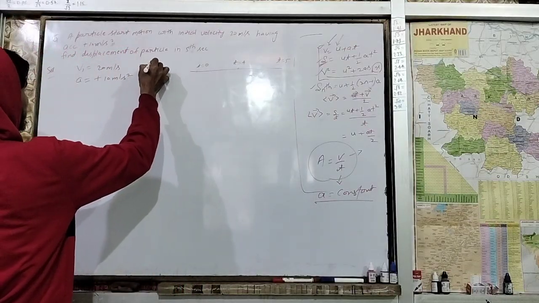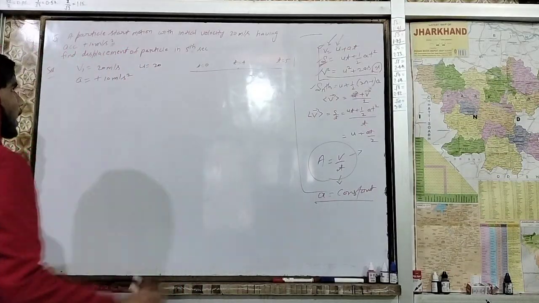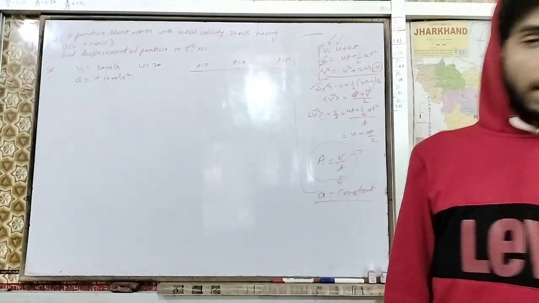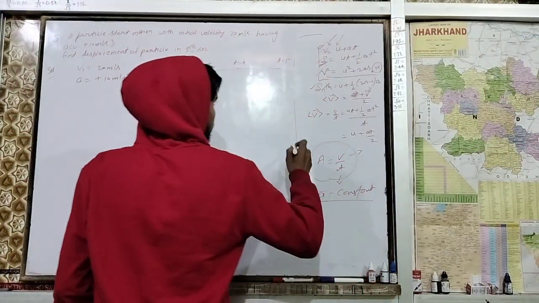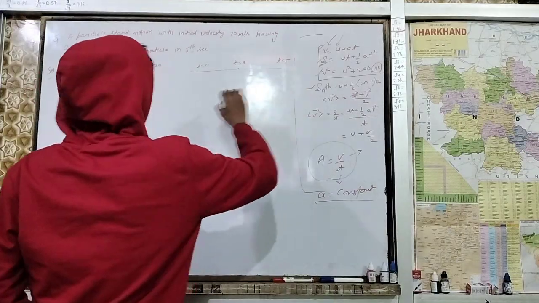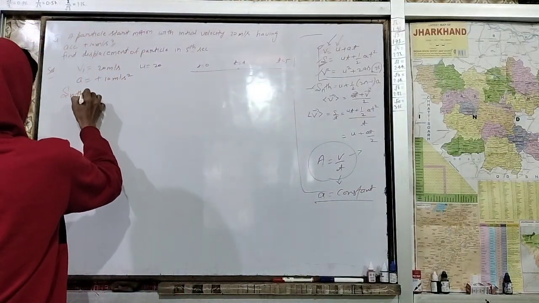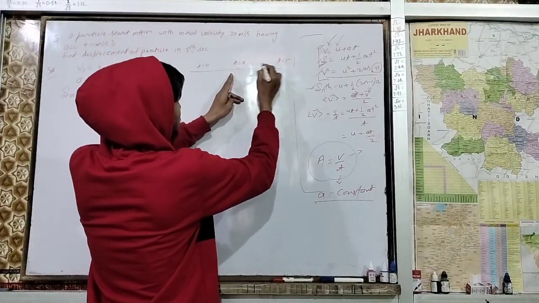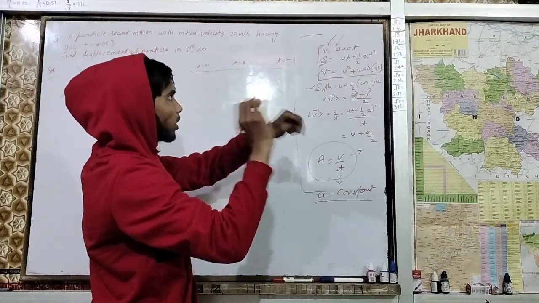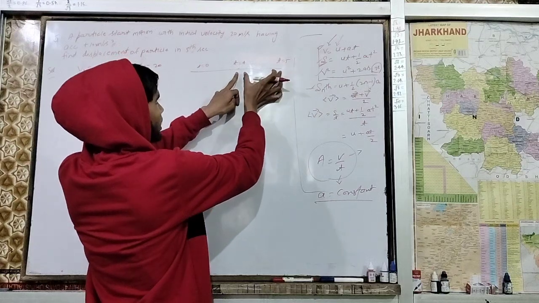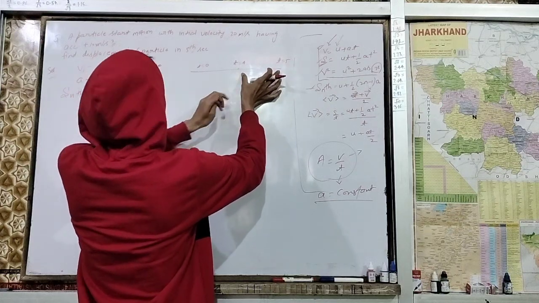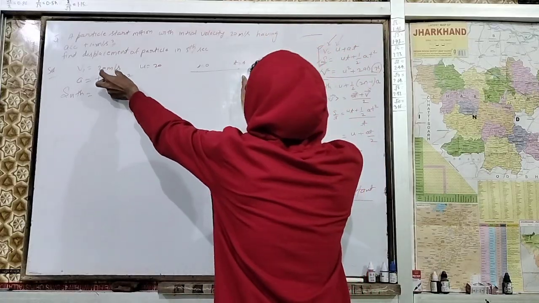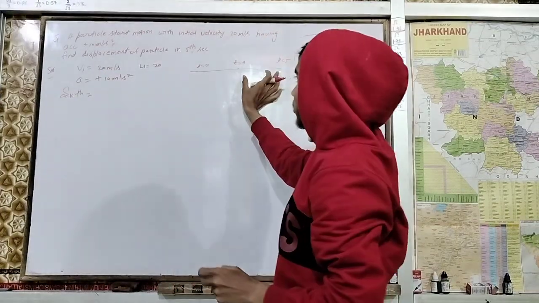and acceleration is also given. In that case, use this formula, which is Sn. Between only this 1 second from 4th to 5th, the particle was moving with the initial velocity of 20 meter per second.